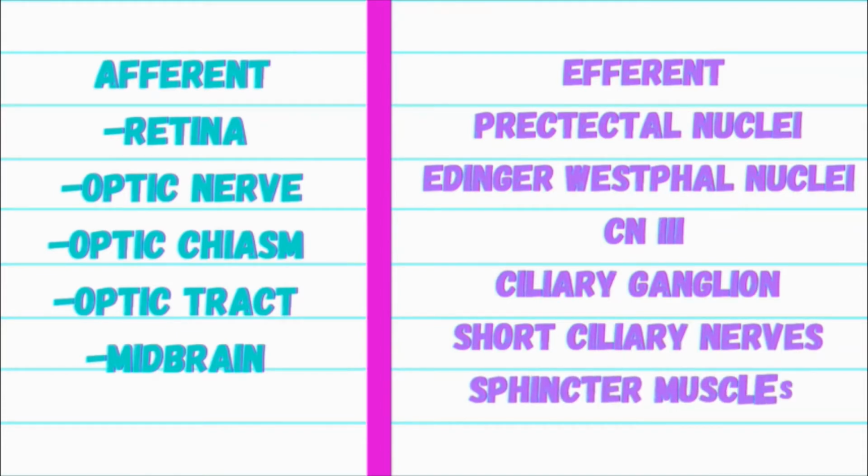For the efferent pathway, the pretectal nuclei projects internuclear fibers to both the contralateral and ipsilateral Edinger-Westphal nuclei. It then travels along with the cranial nerve 3, the oculomotor nerve, where it synapses with the ciliary ganglion, and from there to the short ciliary nerves, and finally to the constrictor muscles.